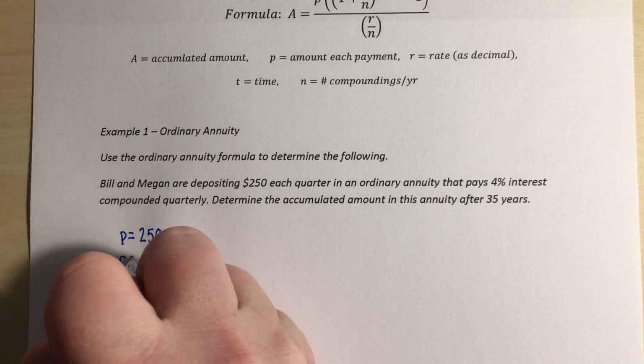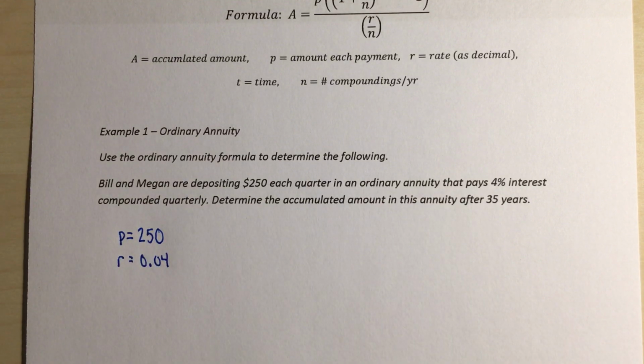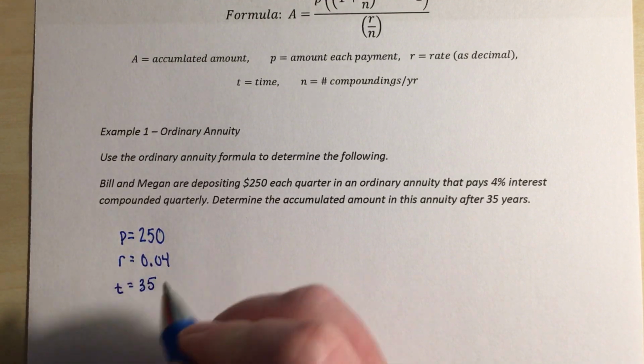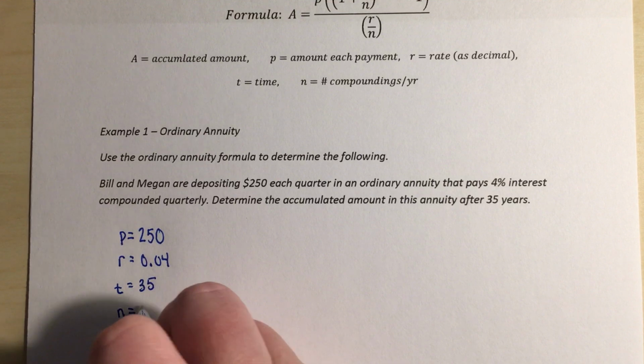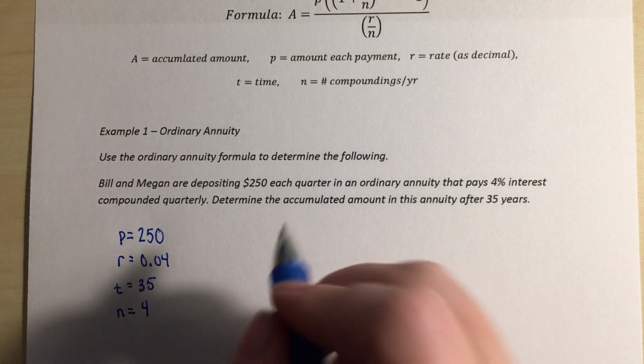R, our interest rate. As a decimal, 4%, 0.04. T is our time. We are looking at 35 years. And N, we're compounded quarterly, so we're going to have N equals 4. So now we're going to use our formula from up above.